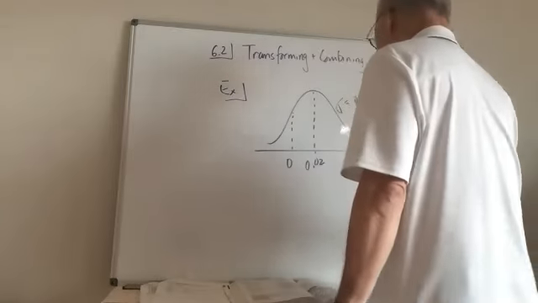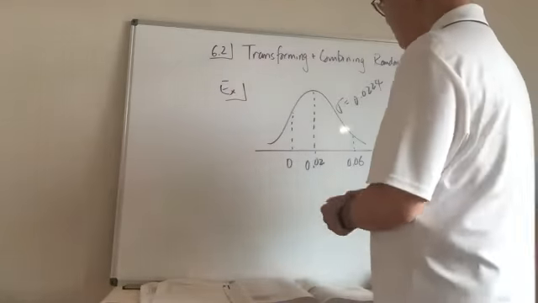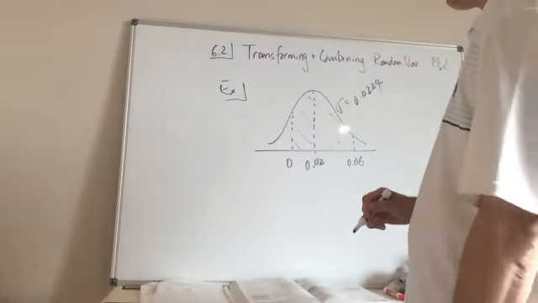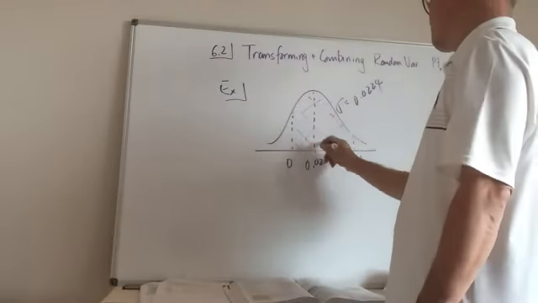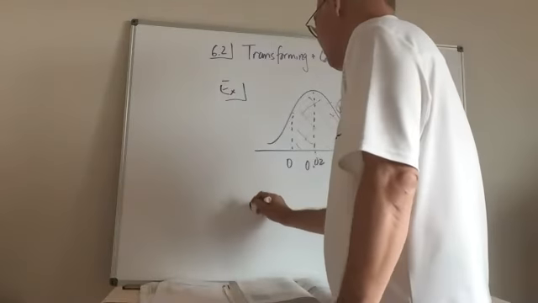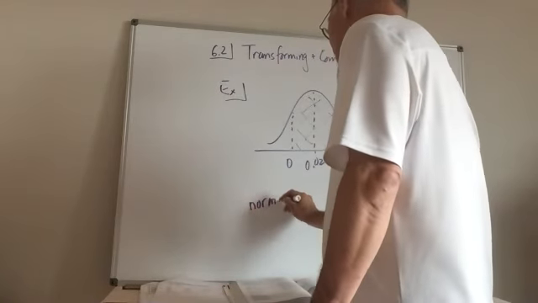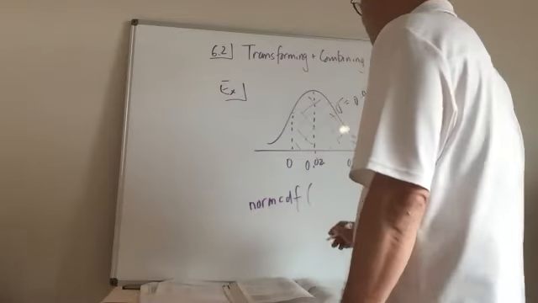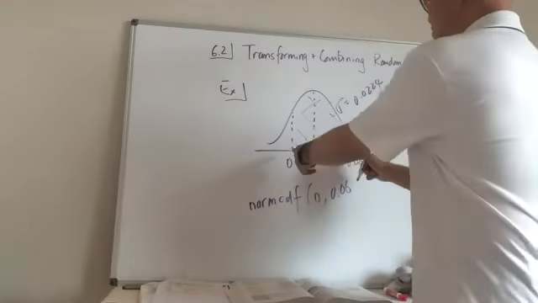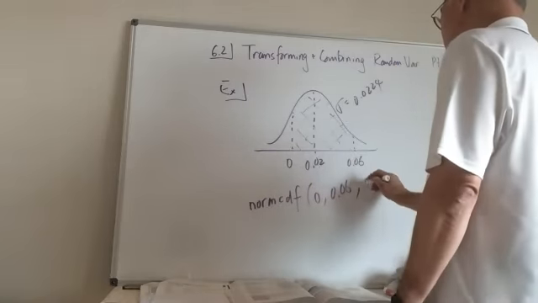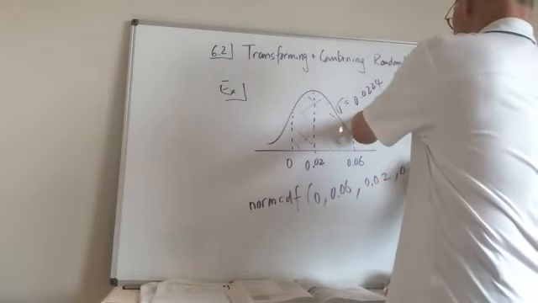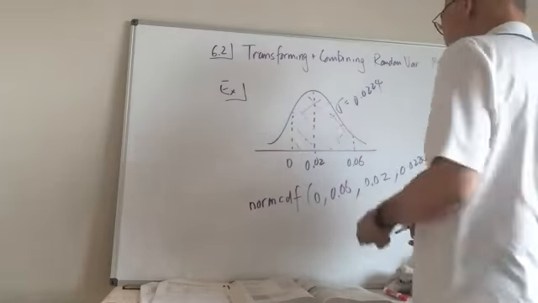So how am I going to find this? What do I want to use here? Anybody tell me how to do this? Isn't this just normalcdf from 0 to 0.06, with this as the mu and this as the standard deviation?